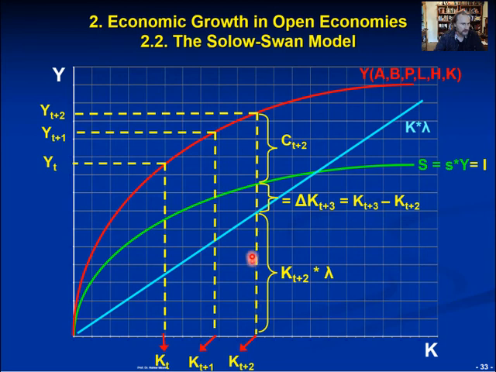With this capital stock we are able to produce this amount of GDP. And now this process repeats itself over a couple of periods. We find here again the new net investment level, we add this new net investment level to the old capital stock to receive the capital stock of the following period.